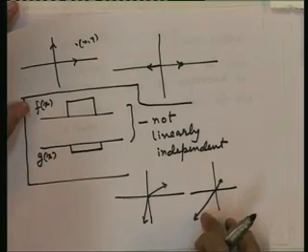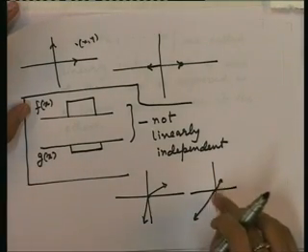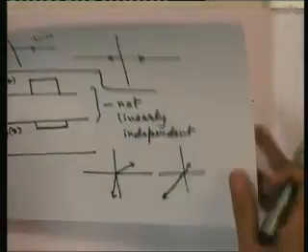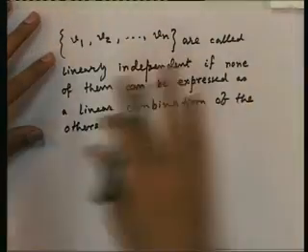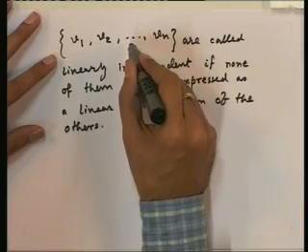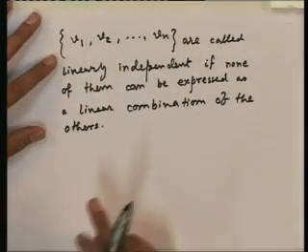So, we have seen in this case, for example, that this vector can be written as a linear combination of this vector, that is basically a scaling of this vector, whereas these two cannot be written that way. So, these are linearly independent. So, if these vectors are such that no vector here can be expressed as a linear combination of the other vectors, then this set of vectors will be called linearly independent.